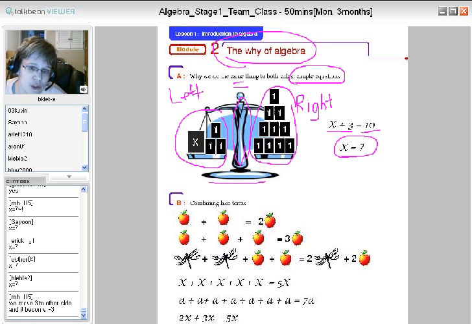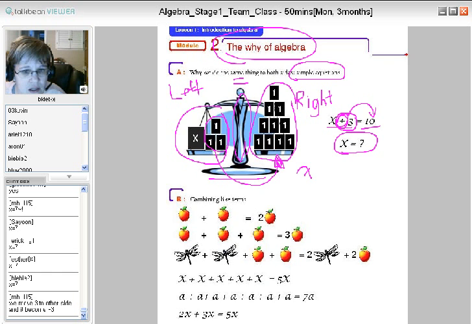And that's right. We can solve this by looking at it visually, but when we get into more difficult problems, what we actually are going to do to solve it is we're going to take the 3 and we're going to move it over to this side of the equation. And to do that, we're going to minus. We have to do the opposite of addition. And the opposite of addition is subtraction.